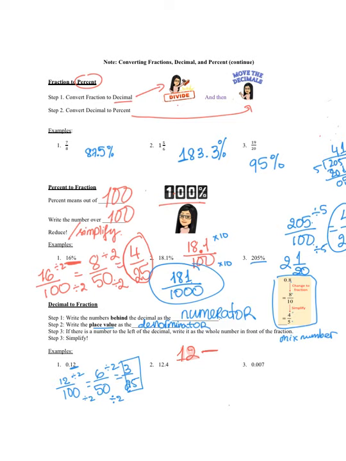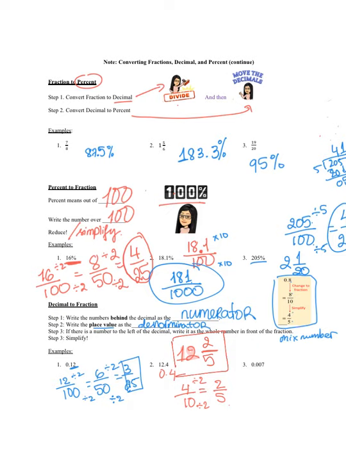Okay, so you will have 0.4. 4 will be the numerator. The denominator will be the place value, 10. And remember to simplify it. Divide by 2. Divide by 2, you have 2/5. So we'll have 12 and 2/5.